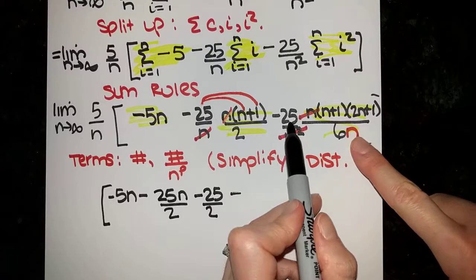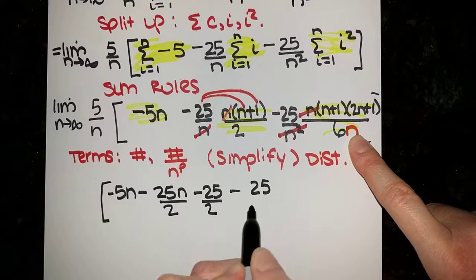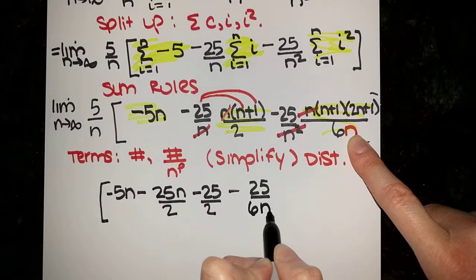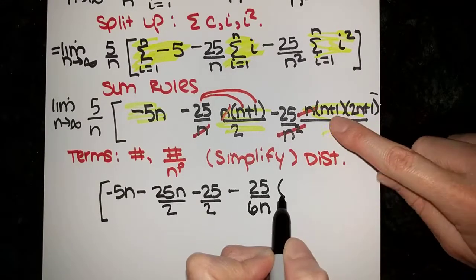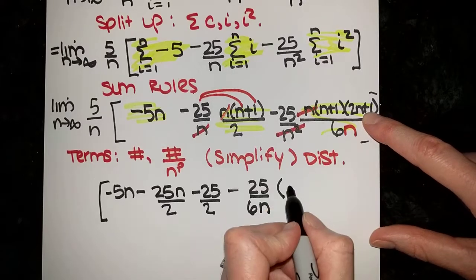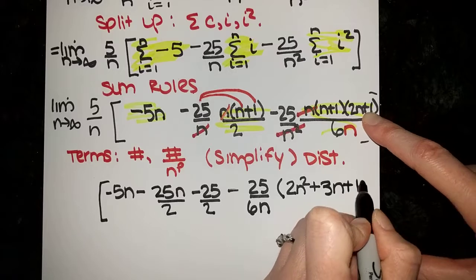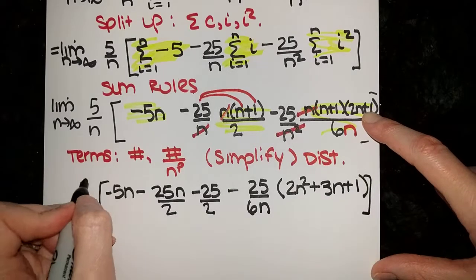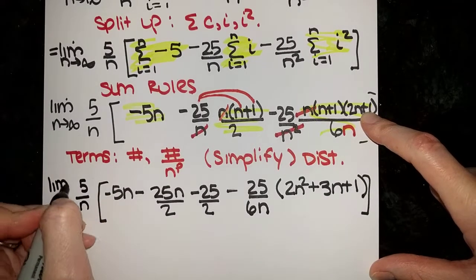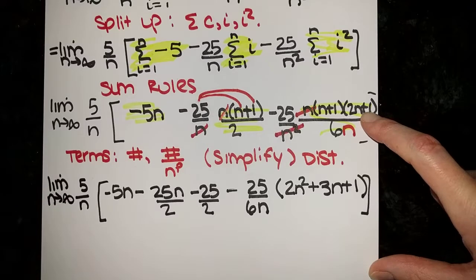Minus, now, in this last term, we have 25 over 6n, and then if I FOIL out this n plus 1 times 2n plus 1, I get 2n squared plus 3n plus 1. And then we still have this 5 over n, and we still have this limit as n goes to infinity.